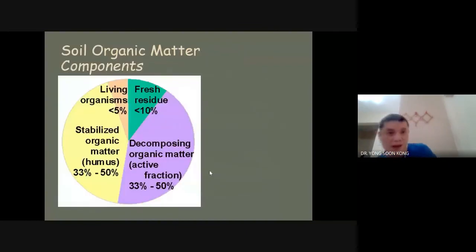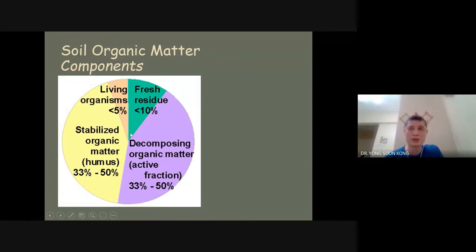Okay, next. Now we are going into soil organic matter components. There are 4. And you can see from the proportion, majority of them are decomposing organic matter or stabilized organic matter. There are 2 small fractions, one of which we have learned 2 days ago, the living organism, and also fresh residue.